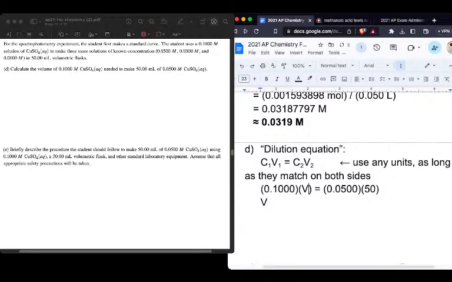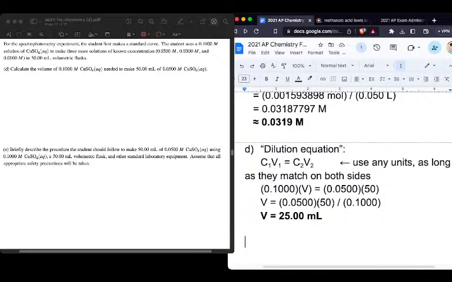In order to solve for this capital V, I need to take the right-hand side of my equation and divide it by this thing that V is currently getting multiplied by. That looks like calculator work to me. It's 25. So we need 25 milliliters of that first solution to dilute it to 50 mils at half its concentration.